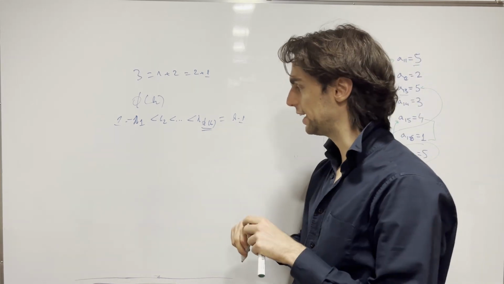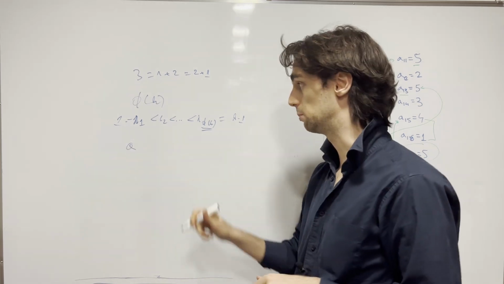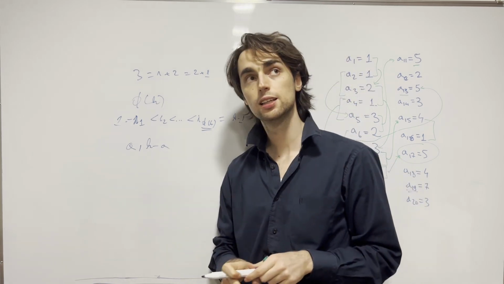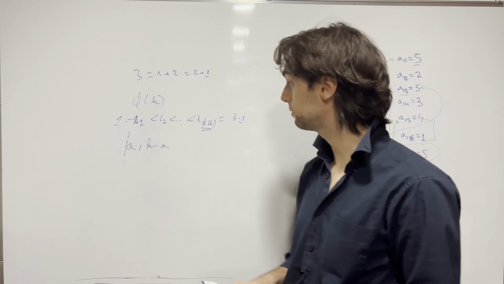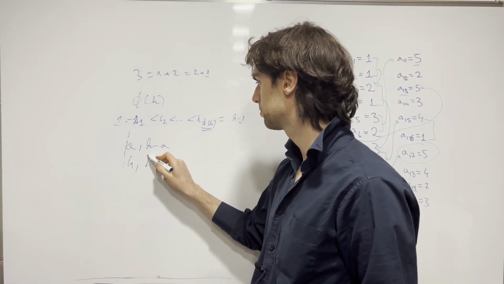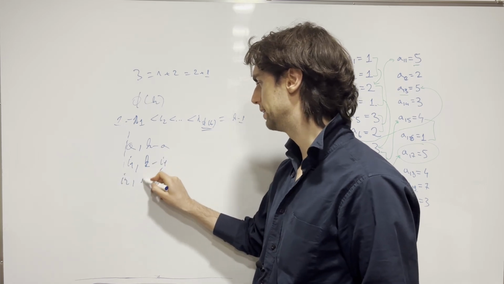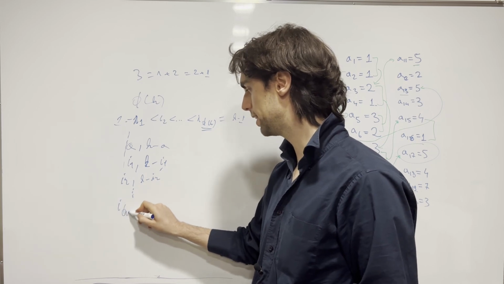But it says that if a is a number that's relatively prime to k, then so is k minus a. So it might be that all the pairs of relatively prime numbers, I1 and k minus I1, I2 and k minus I2, maybe all these pairs up to I_phi(k) and k minus I_phi(k), come up.